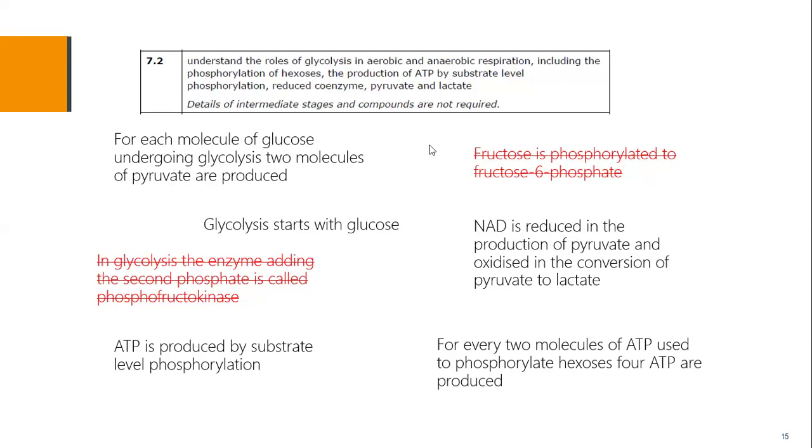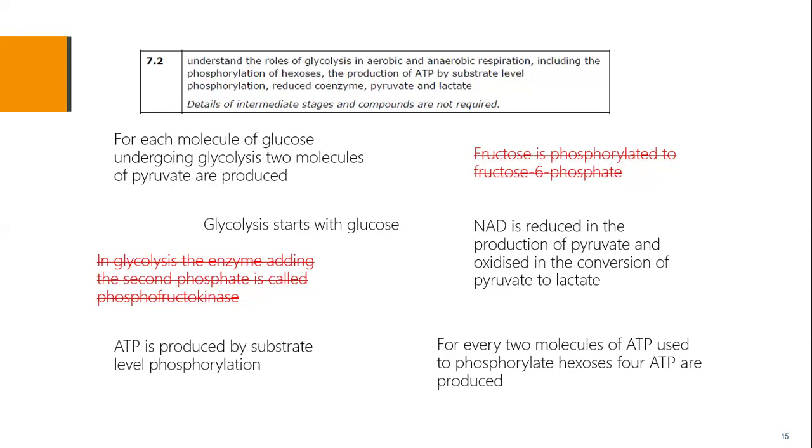So you would expect your students to know, or you would expect to teach them, that for each molecule of glucose undergoing glycolysis, 2 molecules of pyruvate are produced. You would expect them to know that glycolysis starts with glucose.